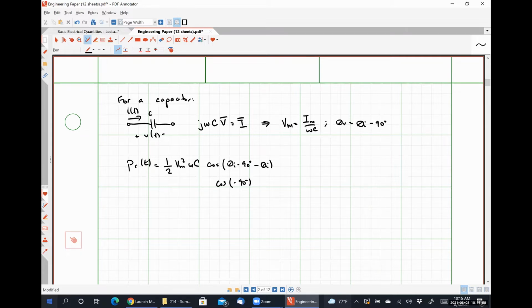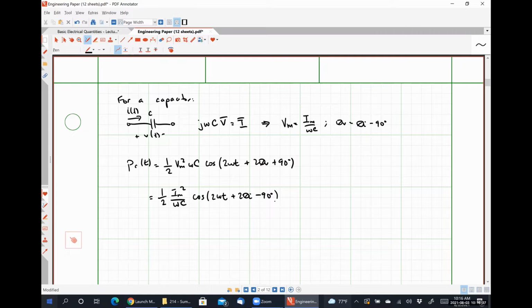Should still be 0. Also 0, absolutely correct. So our DC term goes away, and we're left with cosine twice omega t plus twice theta V plus 90 degrees. And in terms of our current quantities, Im squared over omega C cosine twice omega t plus twice theta I minus 90 degrees.